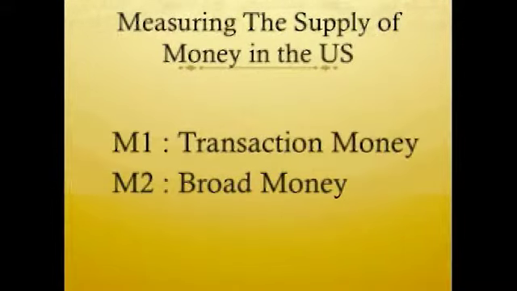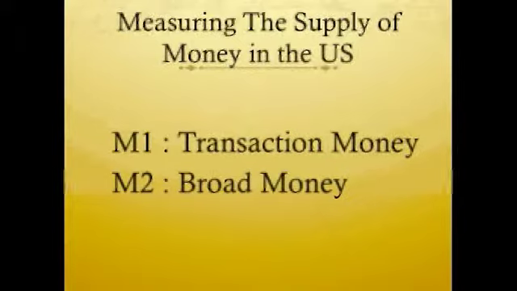Measuring the supply of money in the US. Money is used to buy things, a means of payment; to hold wealth, a store of value; and to quote prices, a unit of account. Based on those characteristics of money, there are various kinds of money in the US.